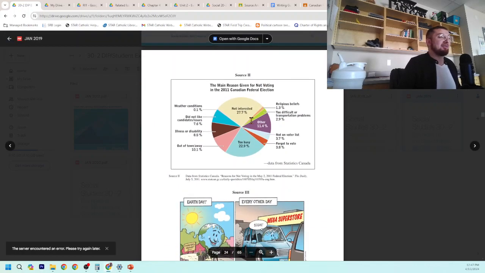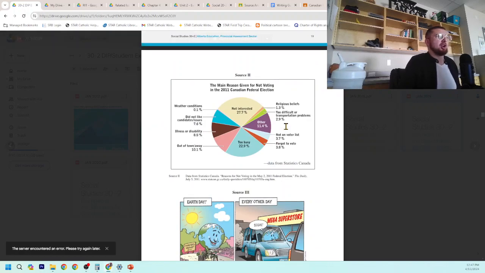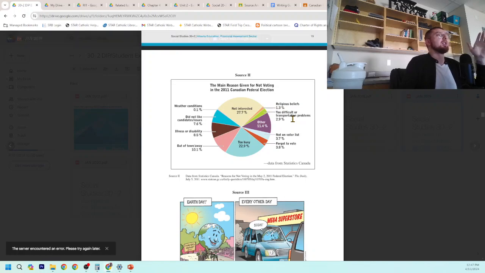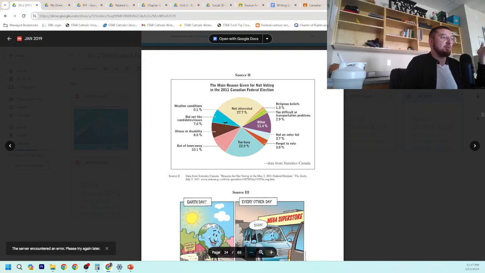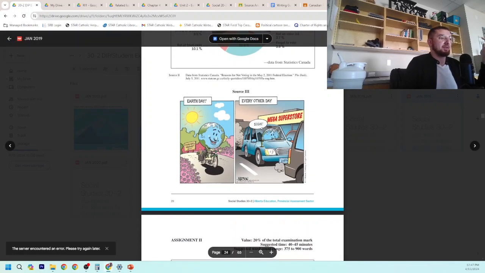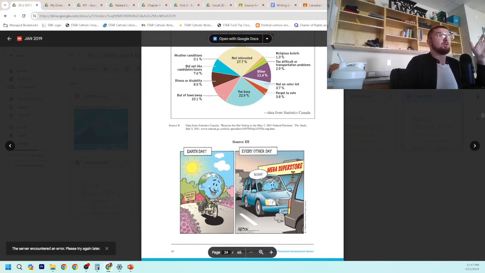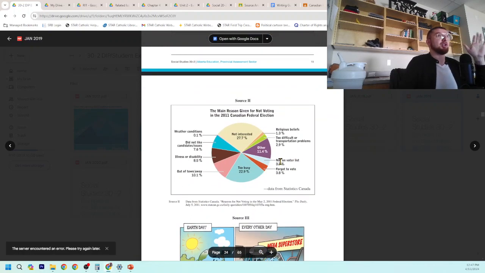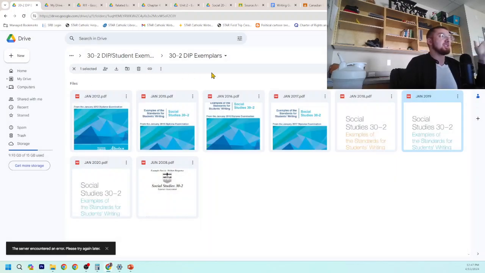You have a graph, or I guess a chart, a pie graph. Some of you might remember I mentioned that although we don't teach you how to read a graph and chart in social studies, you will need that skill from math class. It's useful, right? You've got to understand what's going on here, and then you have a source. In the -2, it's more common to see 2 political cartoons and potentially a graph, whereas like we just saw in the -1, you're going to get quotes. You're going to have to analyze the perspective there.